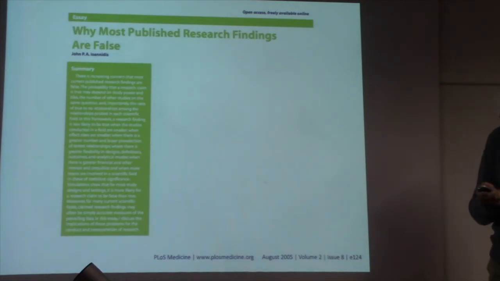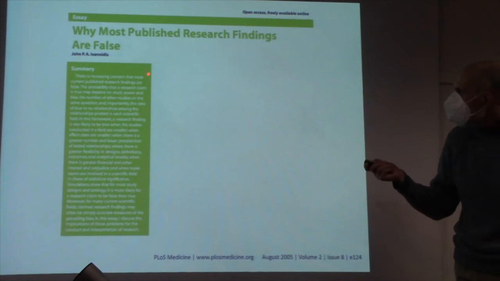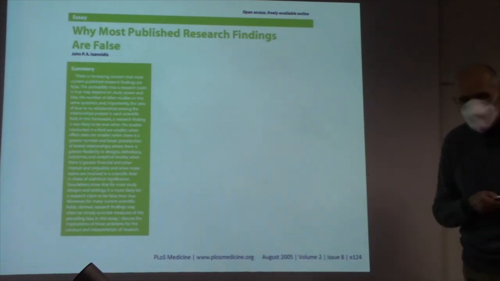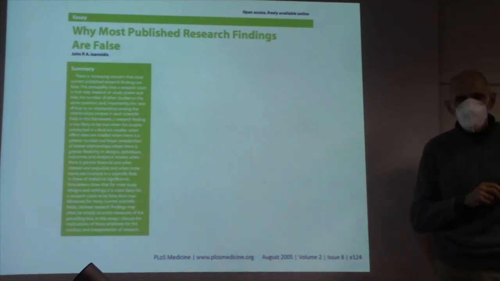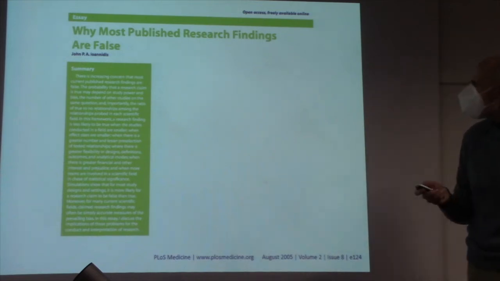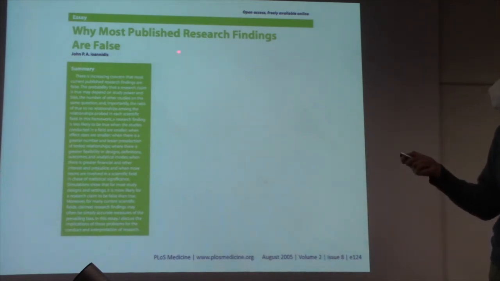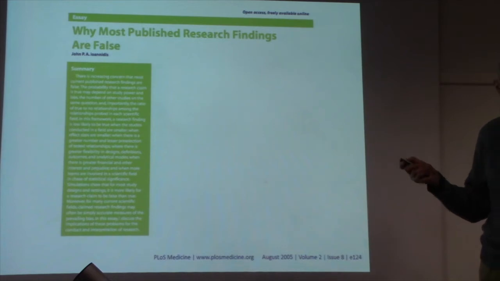Okay, here is a very famous article published by this guy, Ioannidis, who is an epidemiologist. He published in 2005 this article, showing that statistically, literally, most published research findings are false.